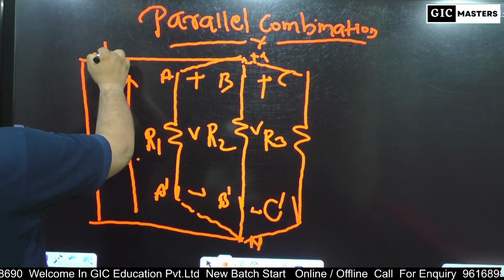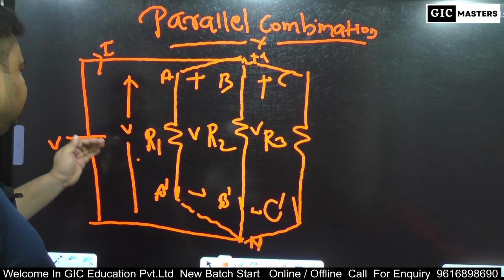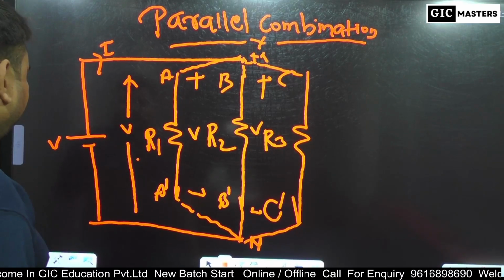These are the currents that flow through a voltage source.